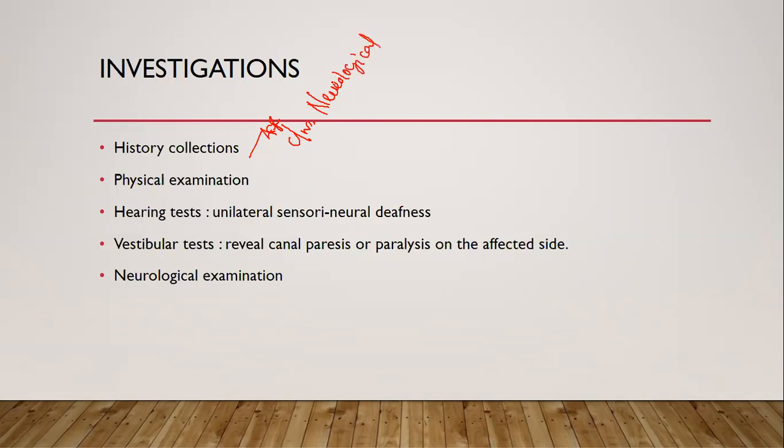Then physical examination: we can perform the tuning fork test, Rinne test and Weber test, hearing test; unilateral sensory neural deafness can be revealed. Vestibular test to assess the balance of the patient reveals canal paralysis, which means the semicircular canal will be paralyzed on the affected side. The neurological examination will reveal abnormalities in the nerve functions.